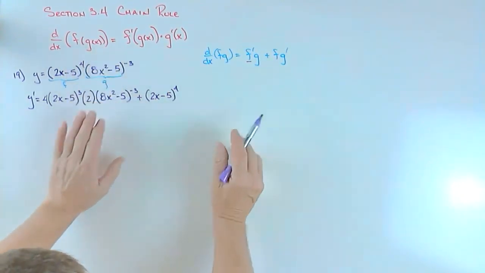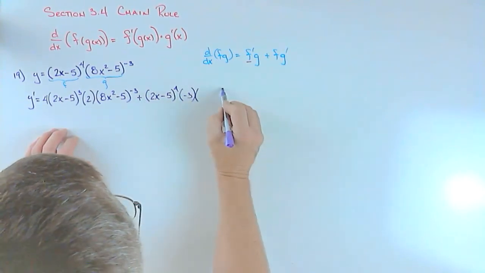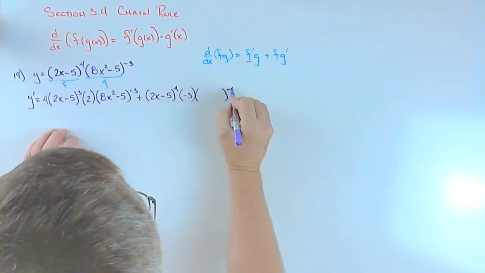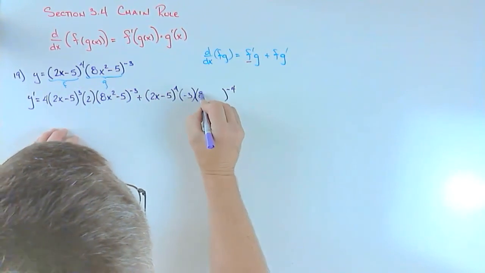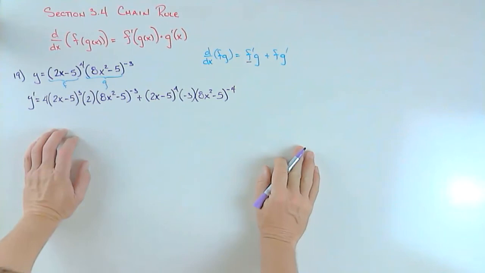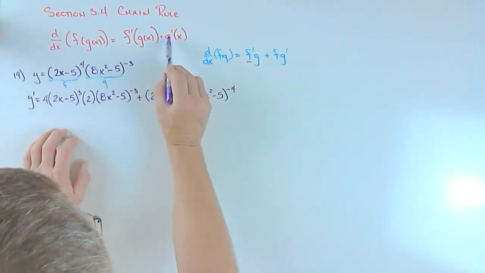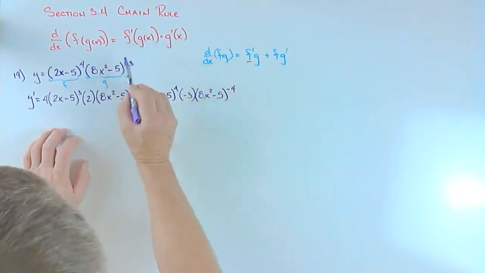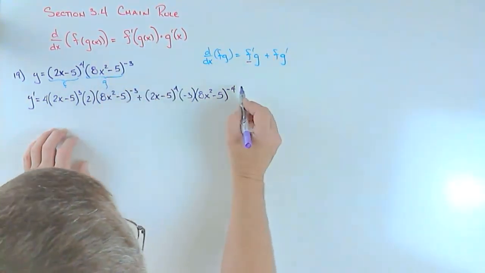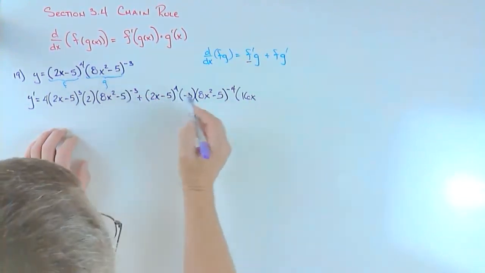If you have a power, you bring the power down, and the new power is minus 1. We leave the inside function alone. Now we're going to go back because the chain rule says to take the derivative of what you found inside. 8x squared, the derivative of that is 16x. The derivative of -5 is 0.